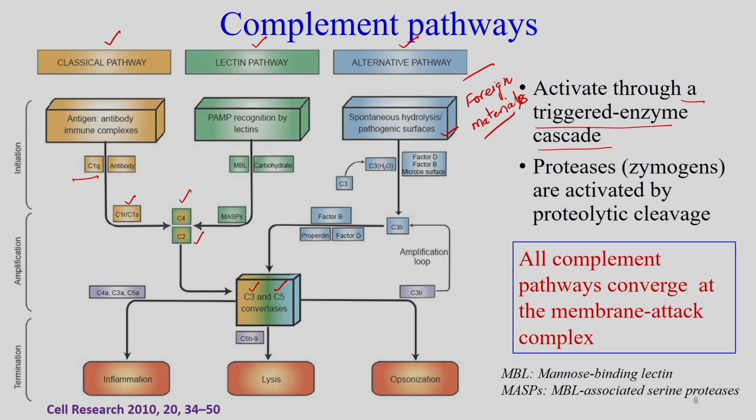So, this is the classical pathway. Now, in the case of the lectin pathway, there is mannose binding lectin, MBL. It interacts with the carbohydrate motifs of the particular pathogens. Then it activates the MBL associated serine proteases, and these proteases again cleave C4 and C2, leading to the formation of finally C3 and C5 convertases.